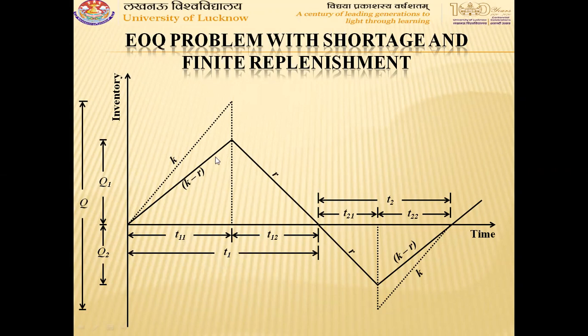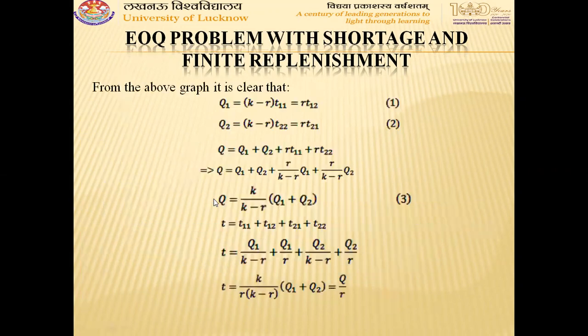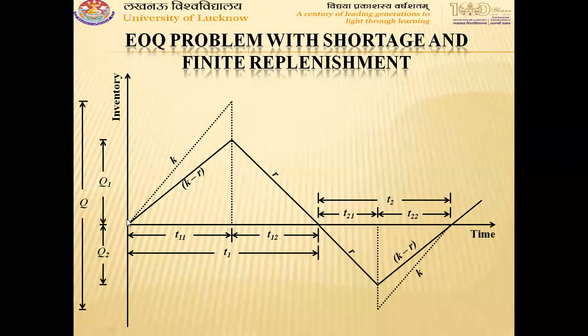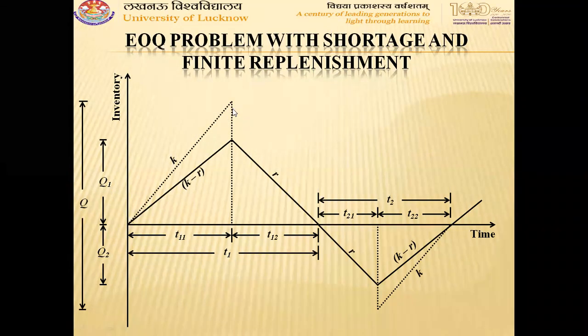Similarly, Q1 is the maximum inventory level. It can be expressed as Q1 is equal to K minus R into T11, or it can also be written as R into T12. Similarly, Q2 can be written as K minus R into T22 or R into T21. Now, how do we write Q? Q is equal to Q1 plus Q2, but it can also be written as K into T11 plus K into T22.